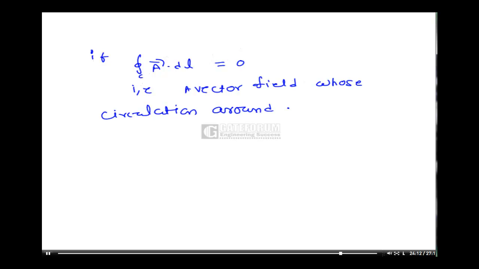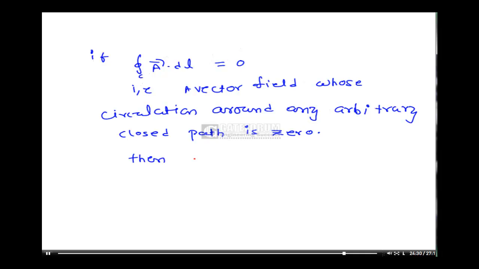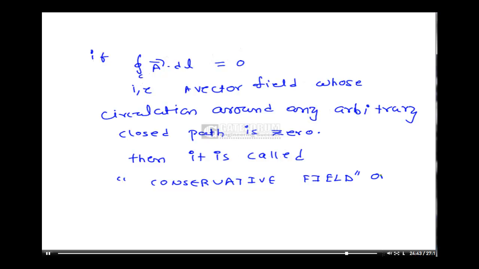Then the integration over a closed path of F bar dot dl is the line integral, and F dot dl is nothing but work. This represents work.